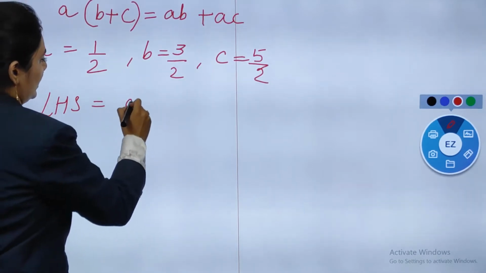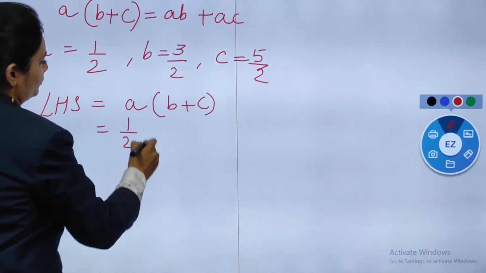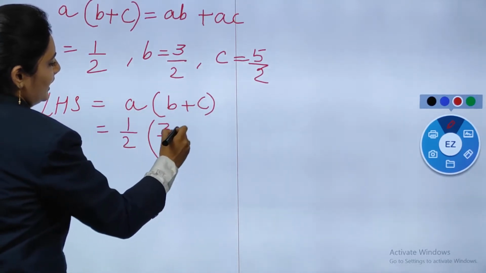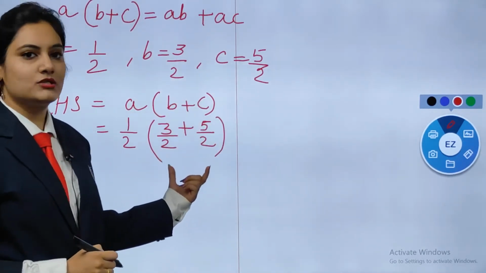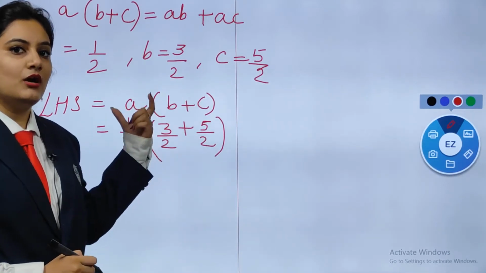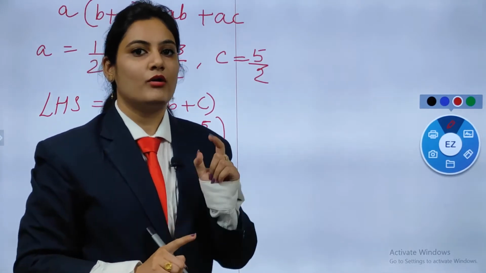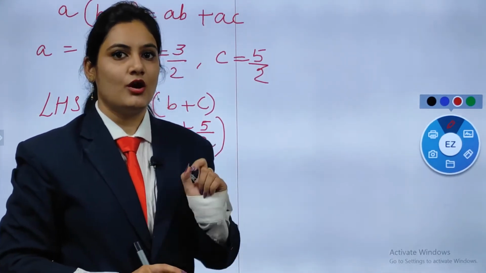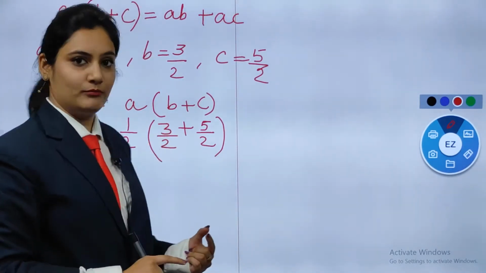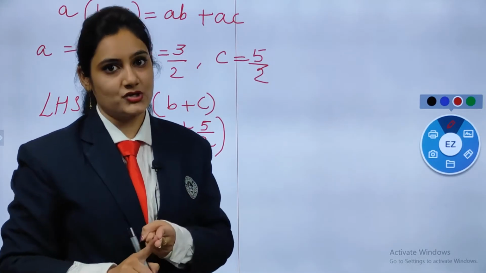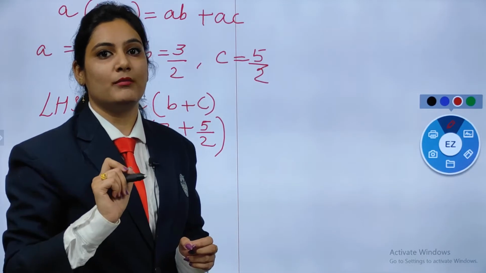What is the LHS? a into b plus c. a is 1 upon 2, b is 3 by 2 and c is 5 by 2. Now see children, first we will solve the bracket. These are rational numbers, which have a numerator and denominator. Here it is addition. When addition or subtraction is there, check whether the denominator is the same or not.